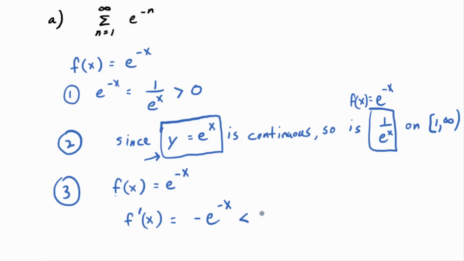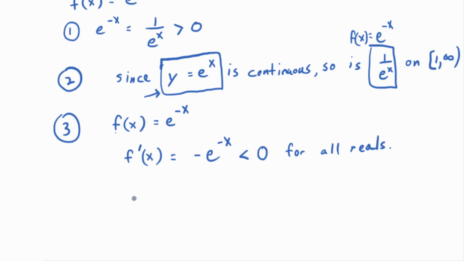It's negative for all reals, so that's less than 0 for all reals, but you only need it to be less than 0 for 1 to infinity. So you're golden there. And if the derivative is less than 0, what does that mean about its parent function? It's decreasing. Thus, f of x decreases for all reals, and certainly on the relevant interval then.